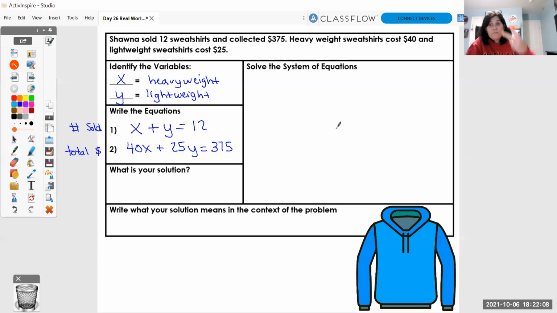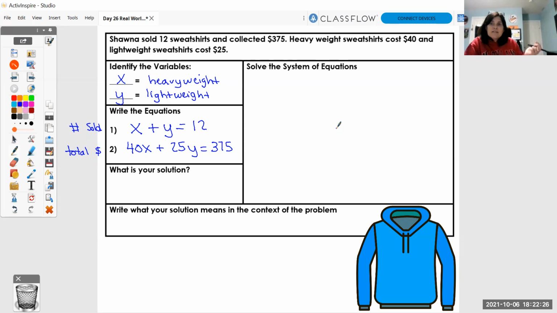On the last problem, we had two different people buying the same categories of items. In this one, instead of two different people, we have two different categories. We need one equation about the number. We need one equation about the money.